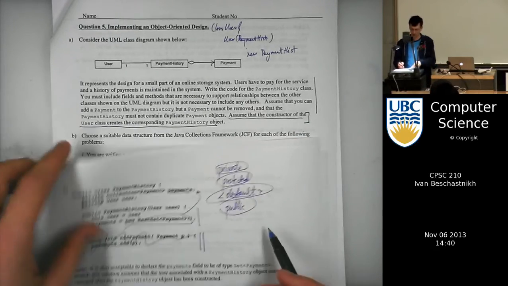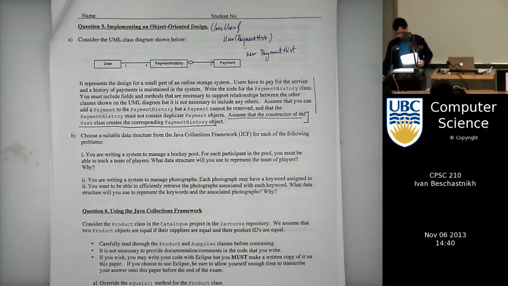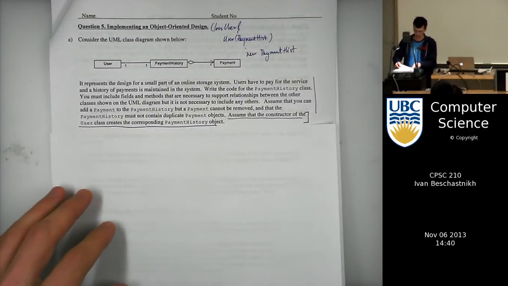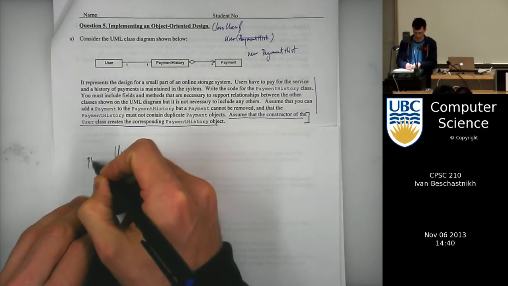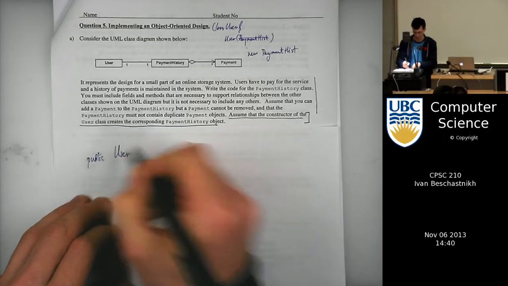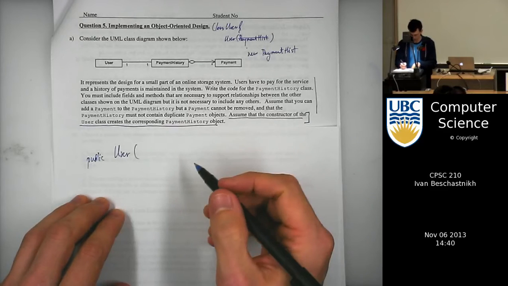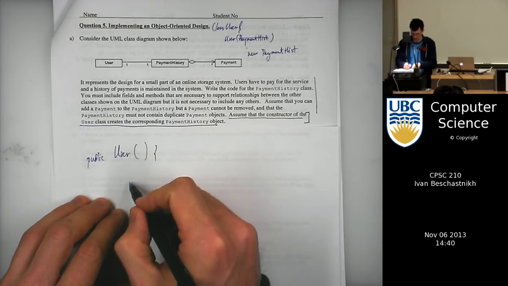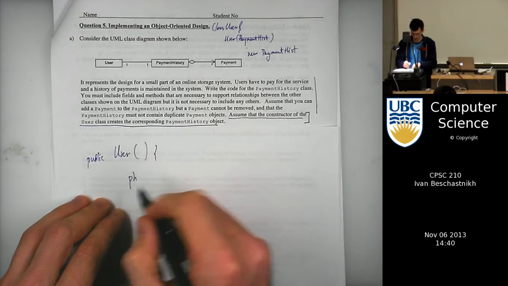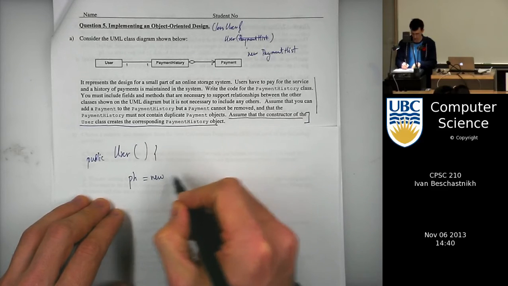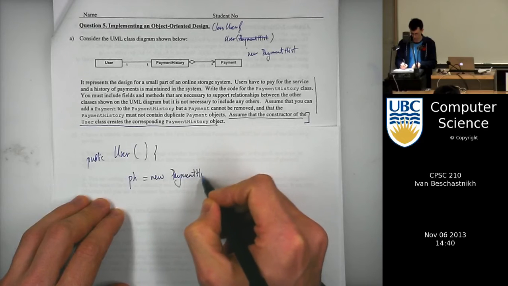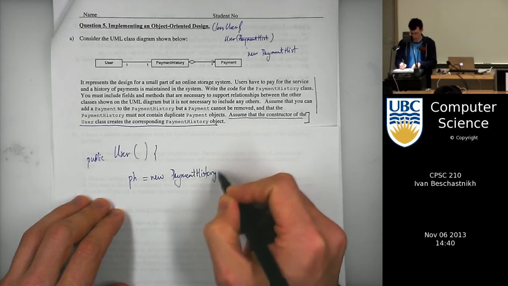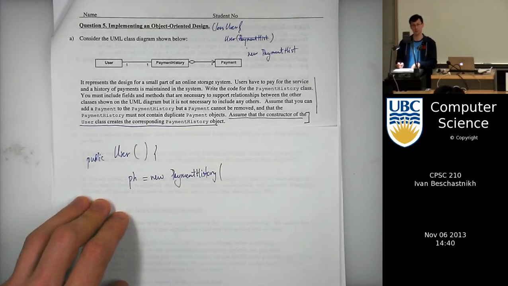So that means in your user class, your user constructor looks something like, maybe it doesn't have any arguments. Inside of here, it'll have payment history equals new payment history. And now the question is, what does your payment history look like?